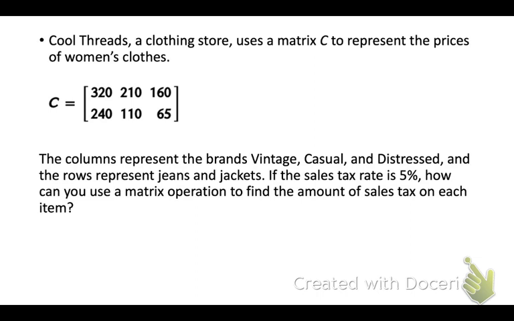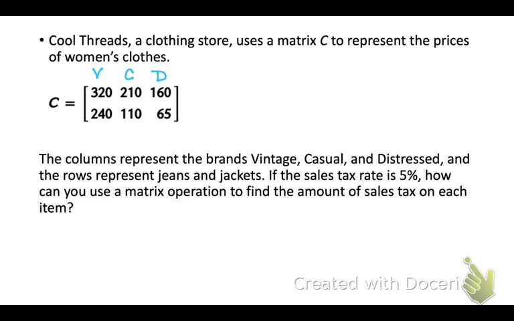We have 320, 210, 160, 240, 110, 65. The columns represent the brands, vintage, casual, or distressed. So vintage, casual, distressed. And the rows represent jeans and jackets.